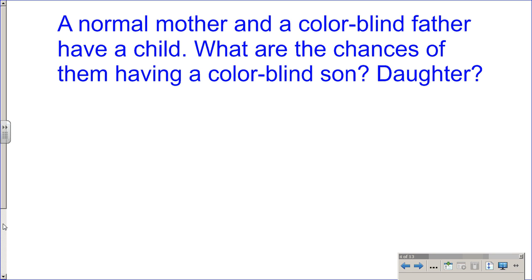Just like we did earlier, you're going to identify their genotypes before you even make your Punnett square, for mom and dad.